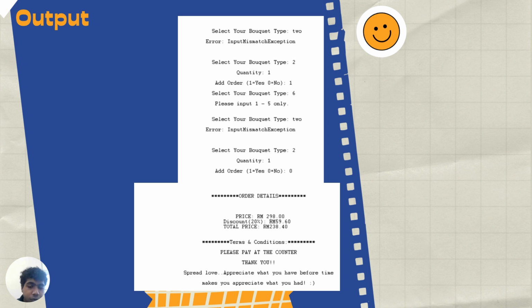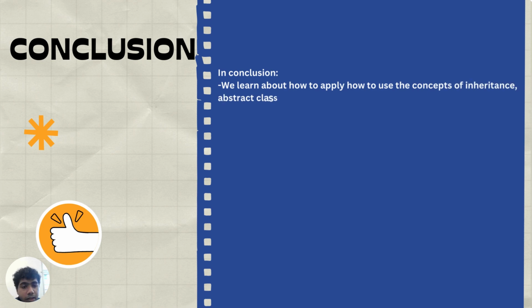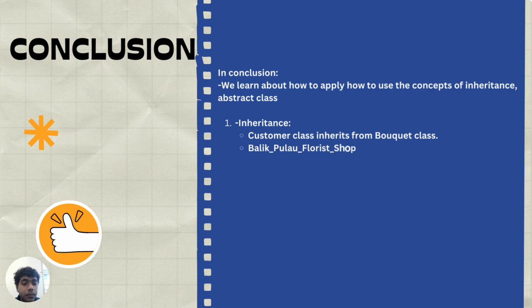So, in our conclusion, we learned how to apply and use the concepts of inheritance and abstract class. In terms of inheritance, the customer class inherits from the bouquet class, and the BipolarFloristShop class implicitly inherits from the Object class.